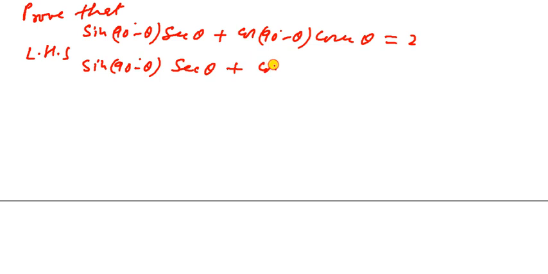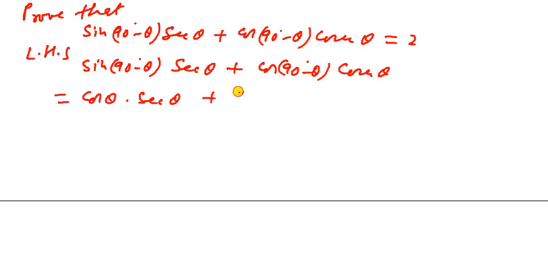So taking the left hand side, it is sine 90 minus theta and sec theta plus cos 90 minus theta and cosec theta.